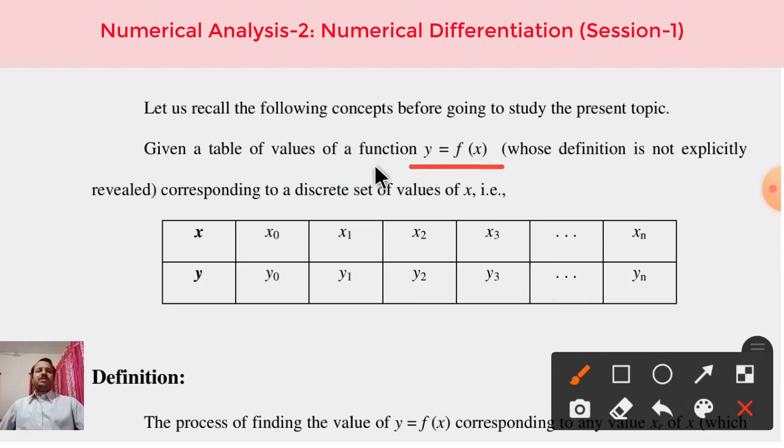Instead of that, we may be given a table of values by our observation. That is, with the help of some practical observation, we can have this type of table.